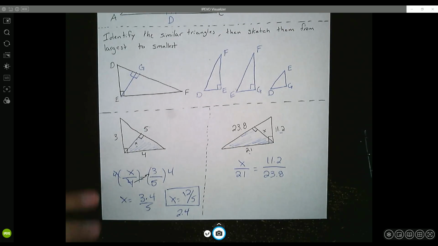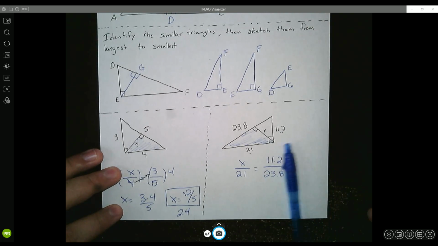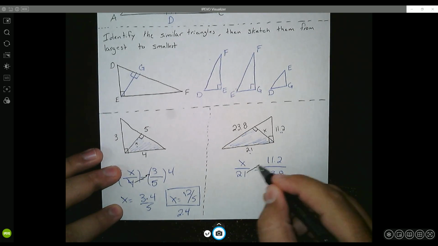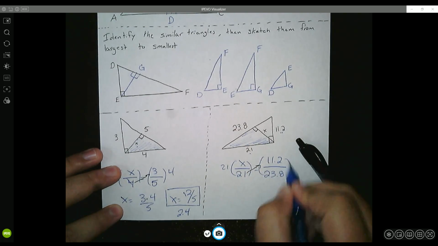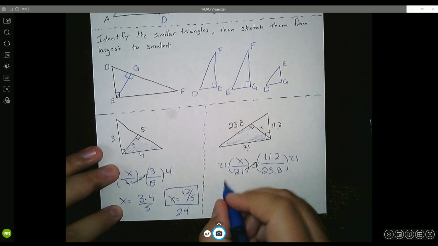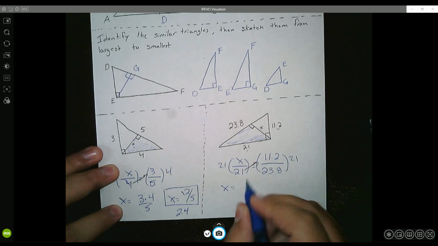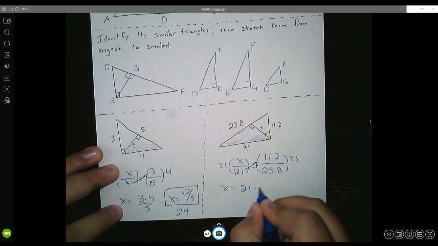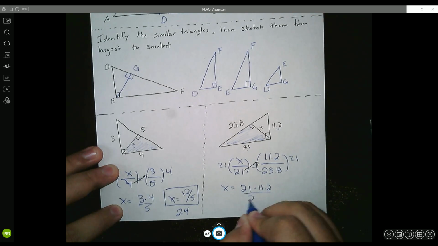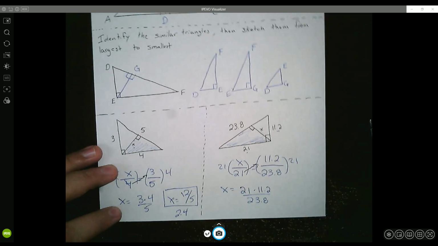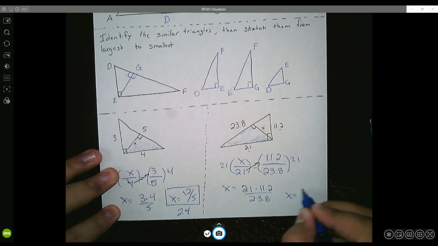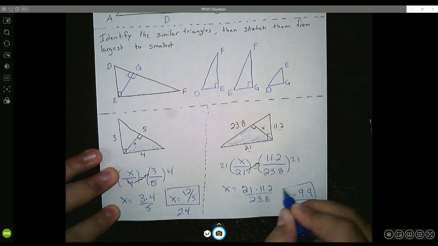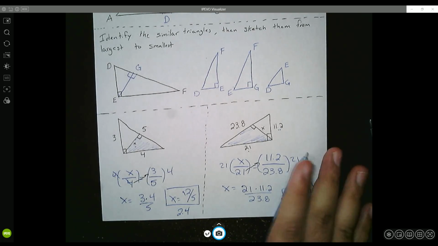That's our rule. So we do the same process. I multiply by 21 on both sides. We get x is equal to 21 times 11.2 divided by 23.8. You'll use your calculator on your computer or your phone, and you end up getting x is equal to 9.9, so you just round to one decimal place.